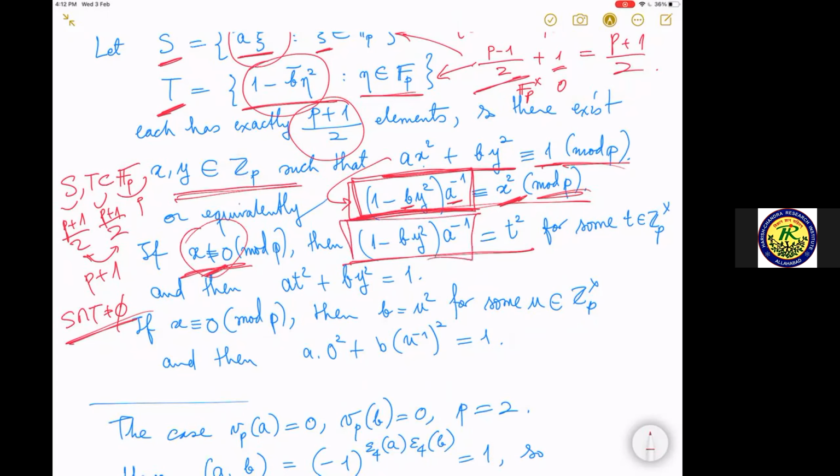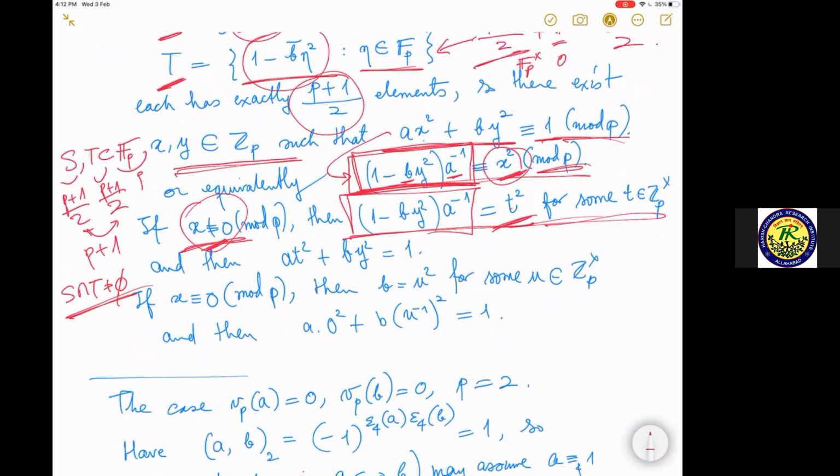And not only is it a unit, it's the square of a unit, because it's congruent to a square modulo p. It's congruent to a non-zero square modulo p if x is non-zero. And if this expression is equal to t squared, then of course I get this solution t comma y to my equation at squared plus by squared equals 1.